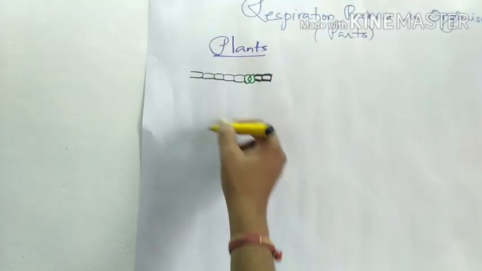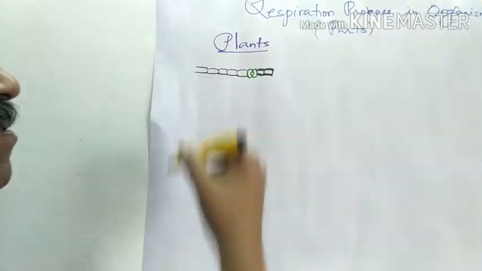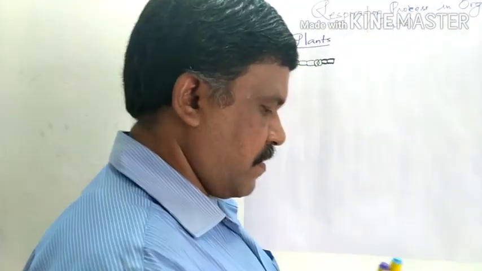You can say there are many minute pores that we see on both the surfaces of the leaves.